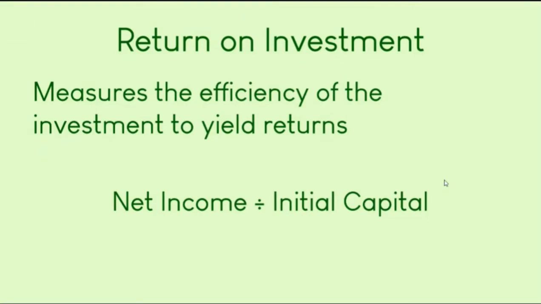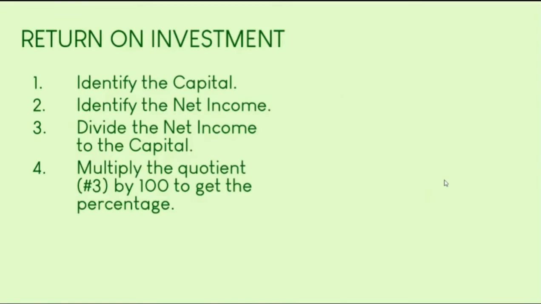If the direction is for you to just use the capital account, then you use the capital account. If it's not indicated that you need to use the fixed assets or the long-term liability, don't use them, then just use the relevance of the net income to the initial capital. So net income divided by initial capital is our formula.